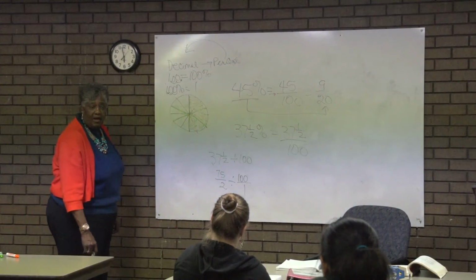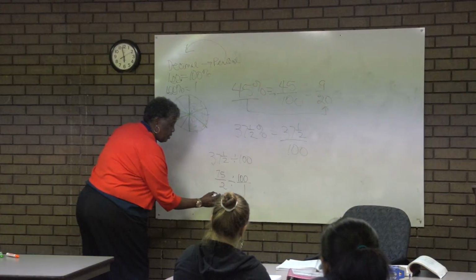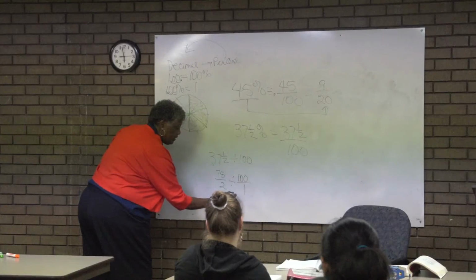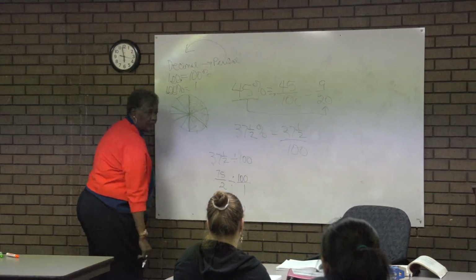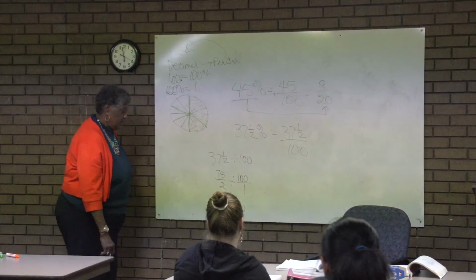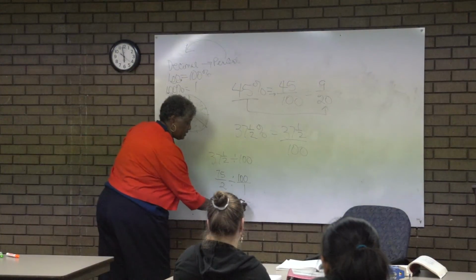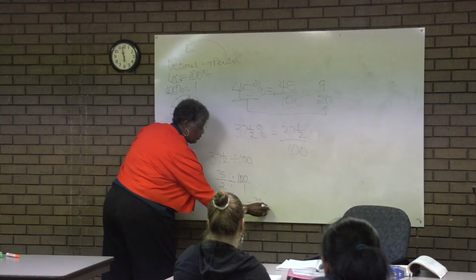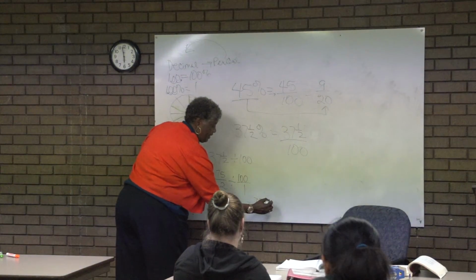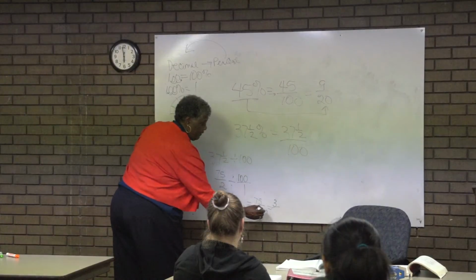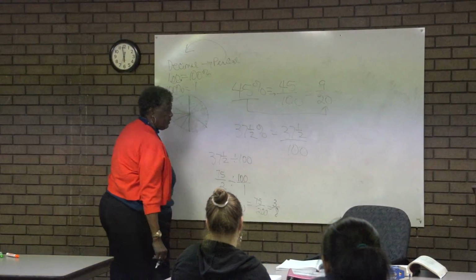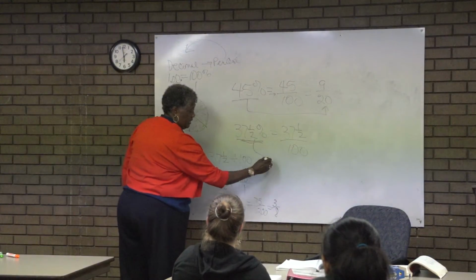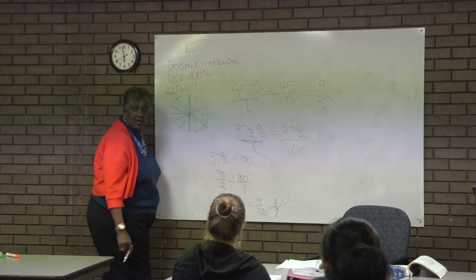The next step in dividing fractions is write it, flip it, change it, flip it. Then you multiply top times top, bottom times bottom, reduce. 25 goes into 75, 25 goes into 200. This, as a percent, is this as a fraction.